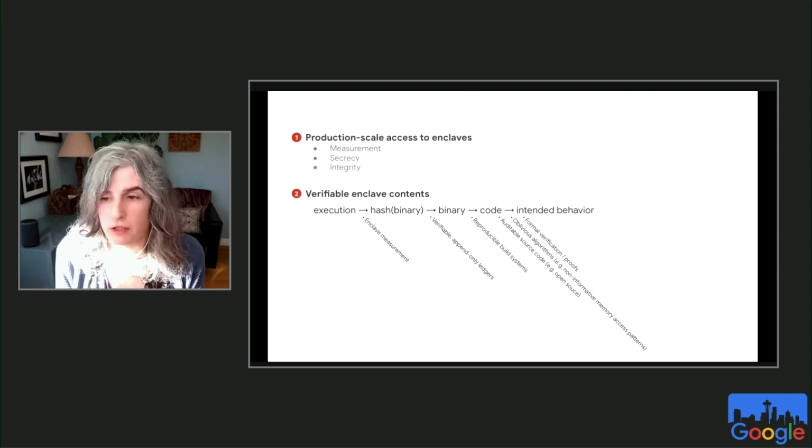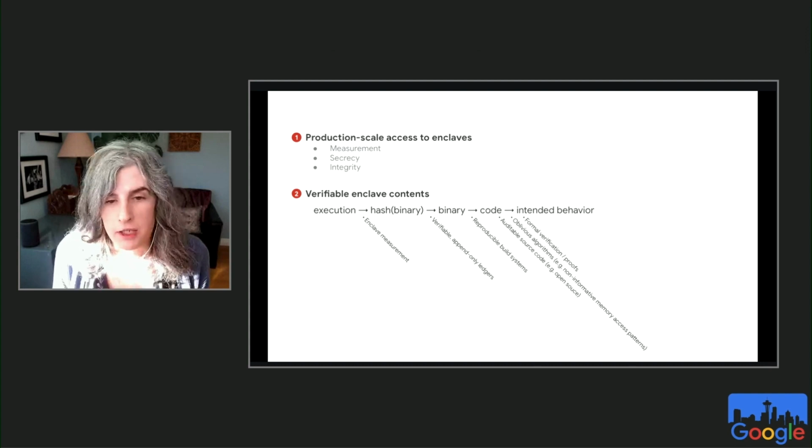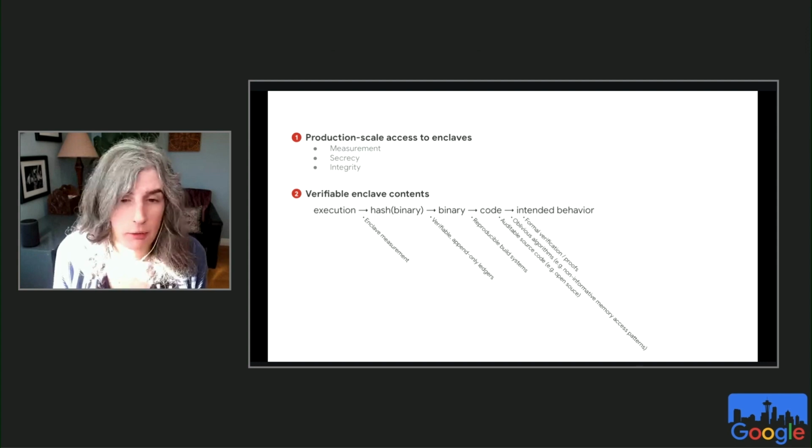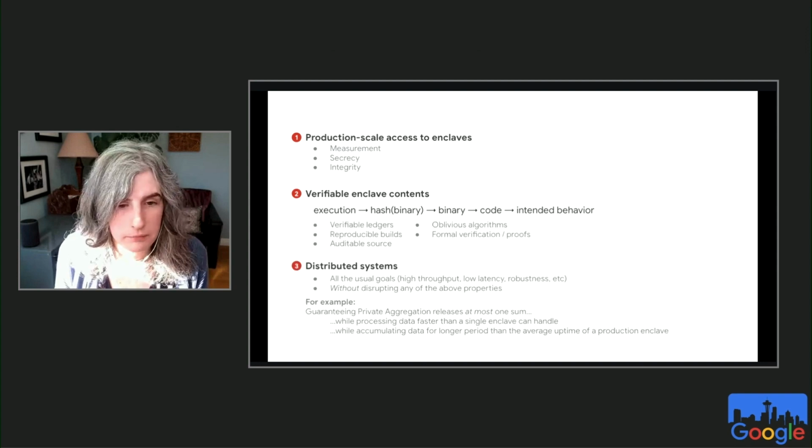So it's not enough to just run any code in these enclaves. Often you need to specially structure your code so that it's oblivious, for example, so that memory access patterns are non-informative. And you might even want to provide a formal verification or proofs that your code is, in fact, embodying the privacy and security guarantees that are important.